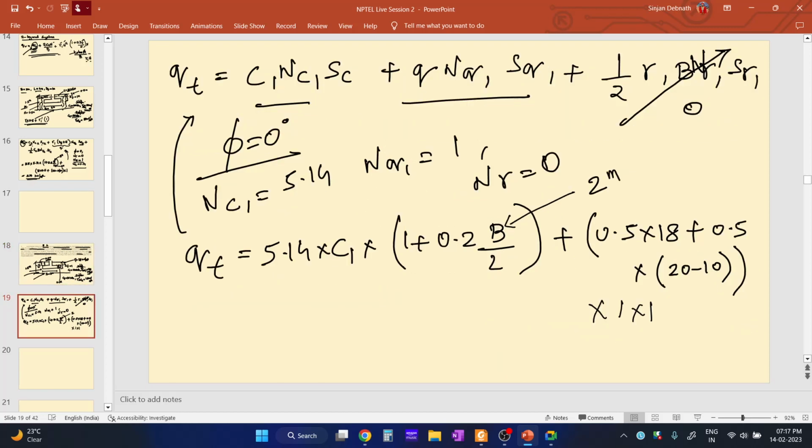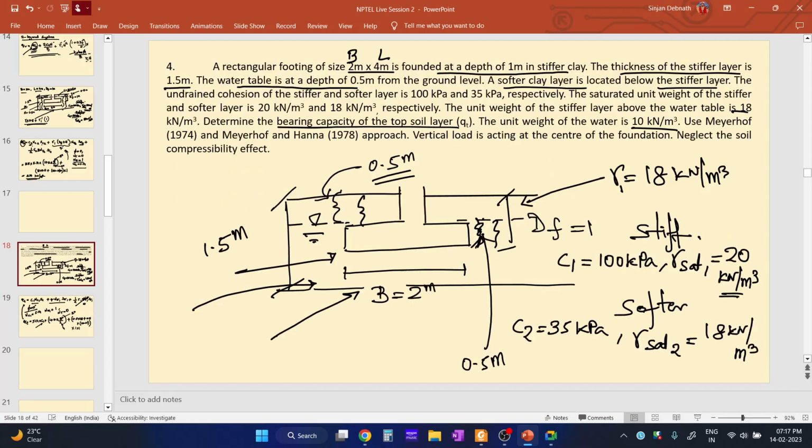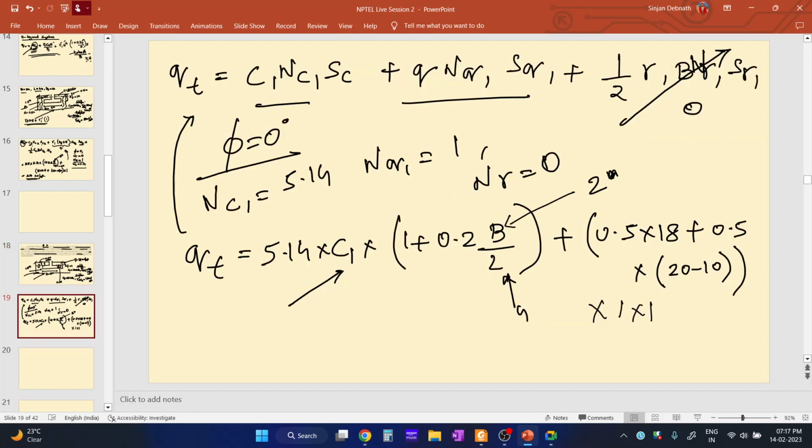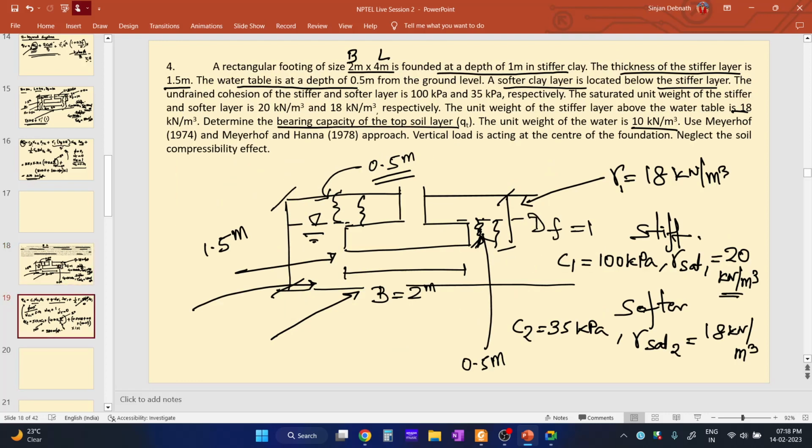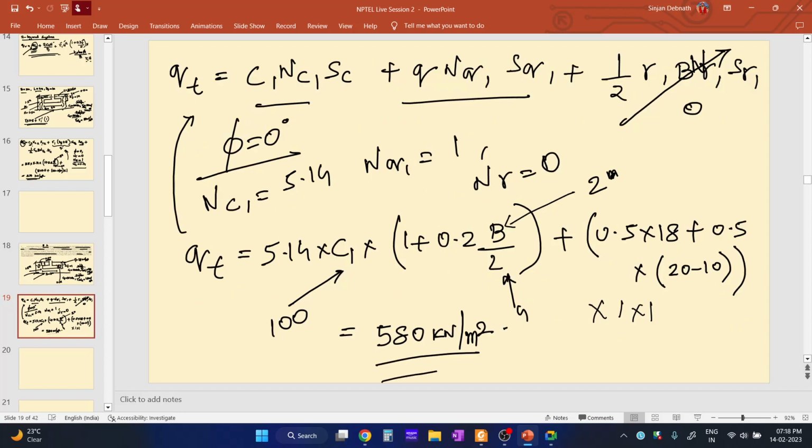If we put in all the values, and we know C1 is 100 kPa, we will get Qt equal to 580 kilonewton per meter square. So this is the bearing capacity of the top layer.